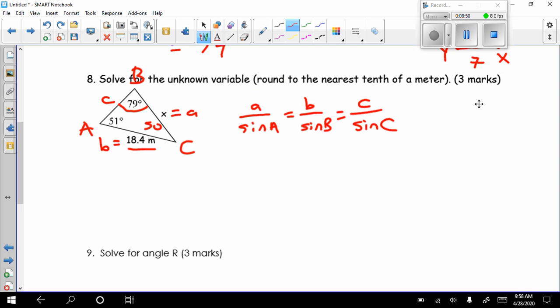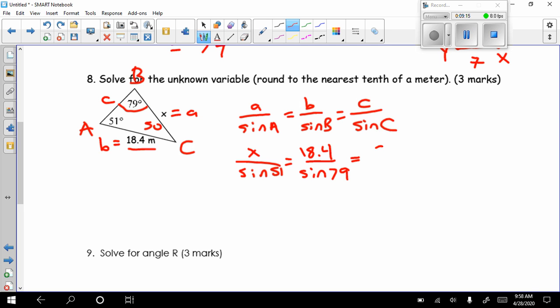Okay, so now I'm going to substitute in what I know. So look, my little a is actually the x that I'm looking for. So x over sine of 51 is equal to b, which is 18.4 over sine of 79.